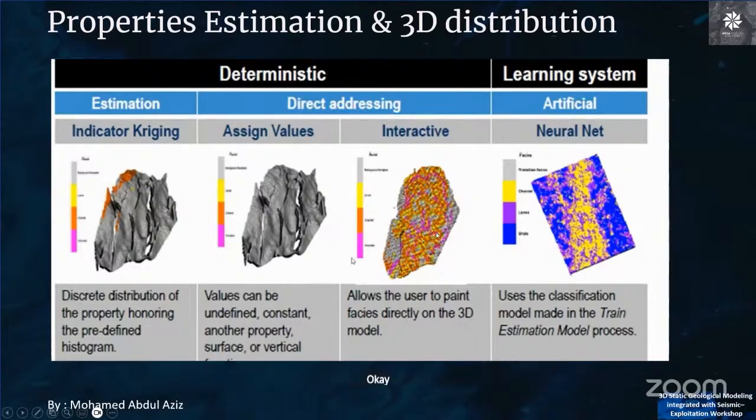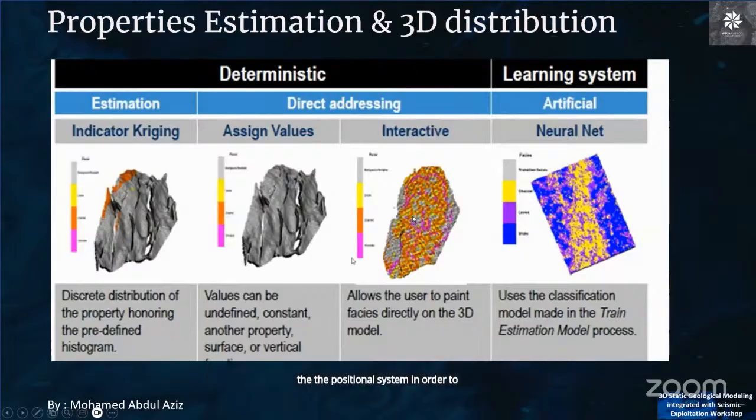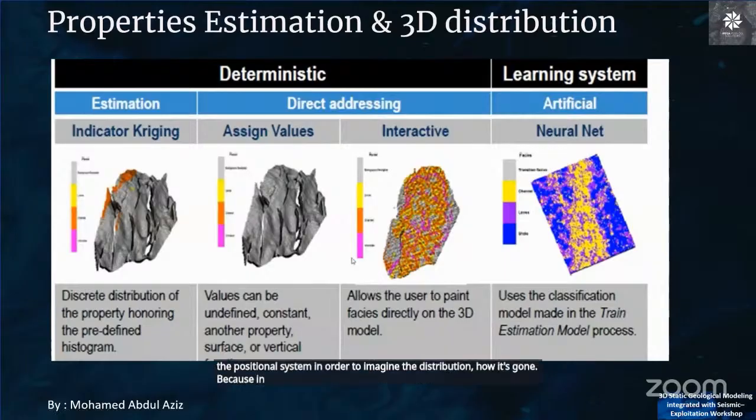Okay, so you can draw it as in seismic interpretation, geobody, I mean, or you can draw it even here, if you know the shape very well from the conceptual model, or you can use it in multi-realization in order to imagine the depositional system, in order to imagine the distribution, how it comes. Because in our model, we are saying, if you can't draw it, you can't model it.